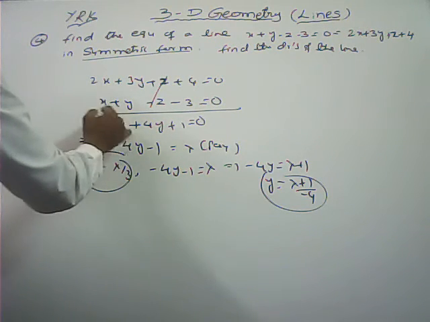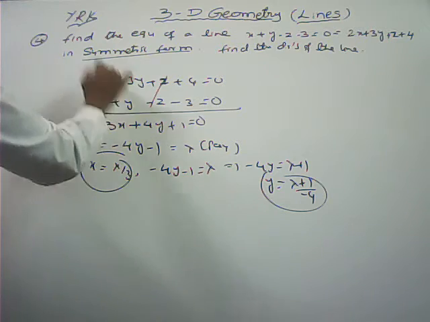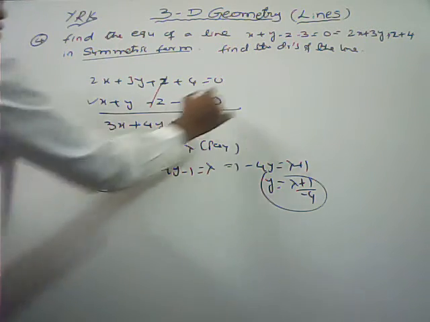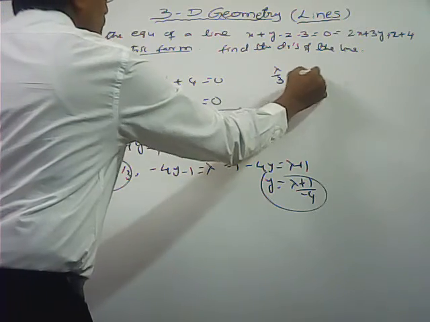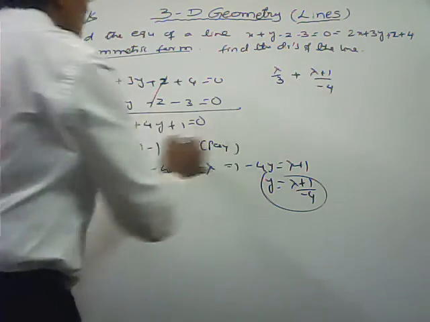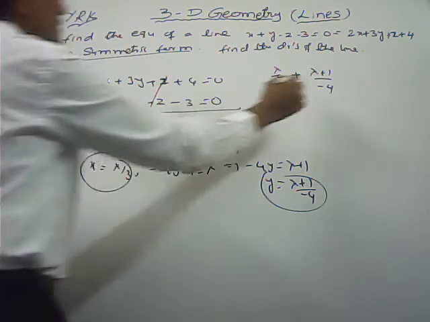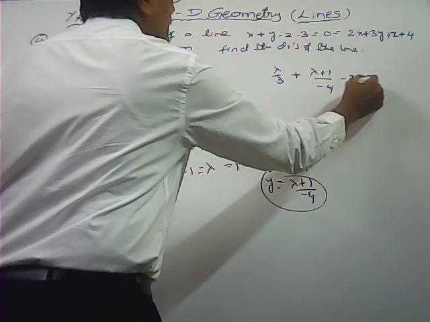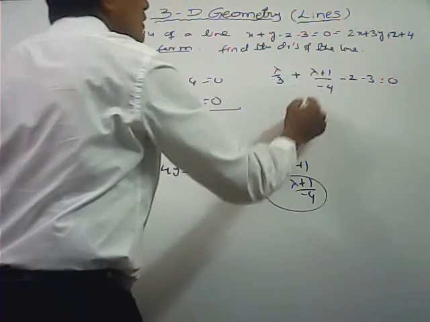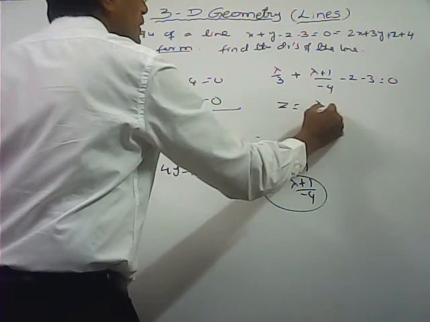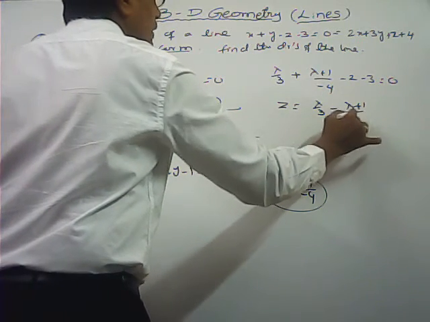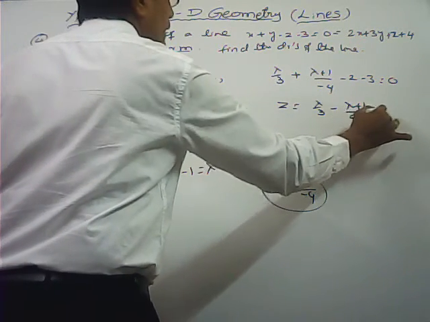Now in the first equation I am substituting both the values. x equals lambda by 3 plus y value, lambda plus 1 by minus 4, minus z minus 3 equals 0. Otherwise z is equal to lambda by 3 minus lambda plus 1 by 4 minus 3.